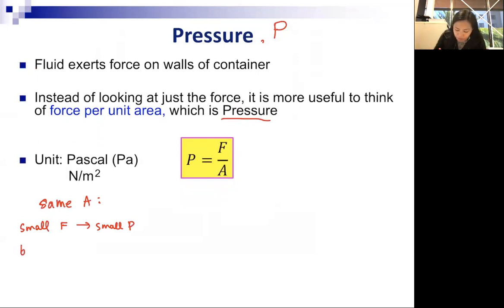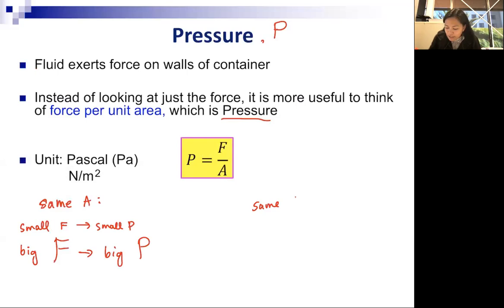And a big force will give you big pressure. If you have two objects with the same unit area, the pressure will vary depending on the amount of force exerted on it.